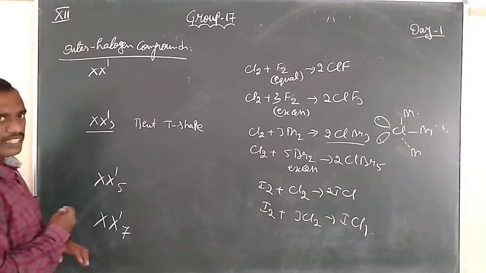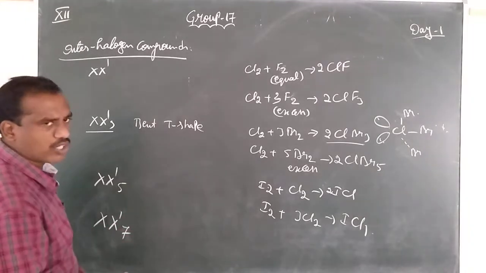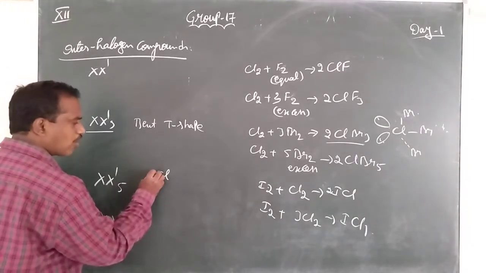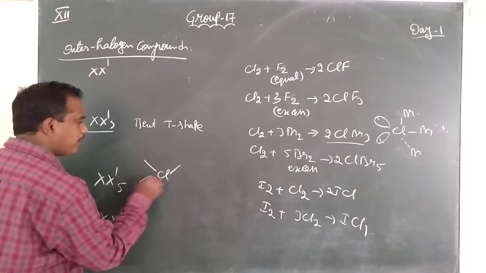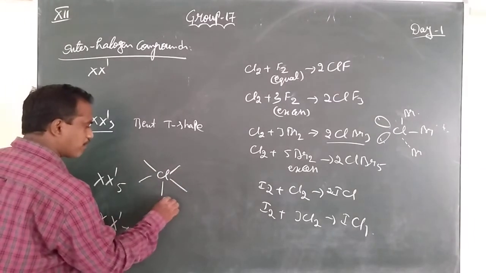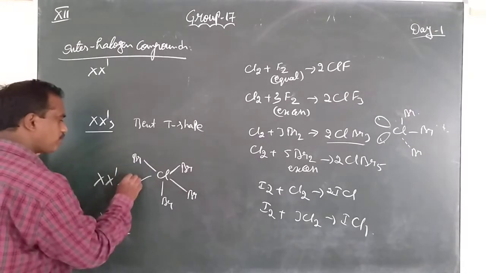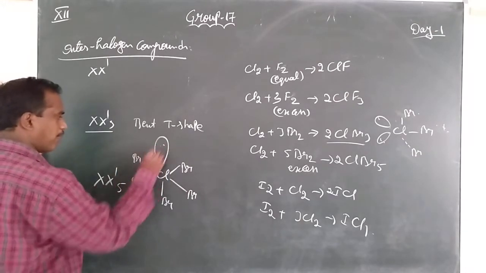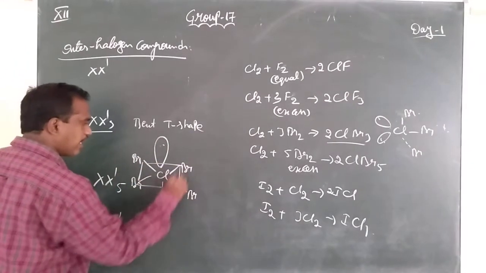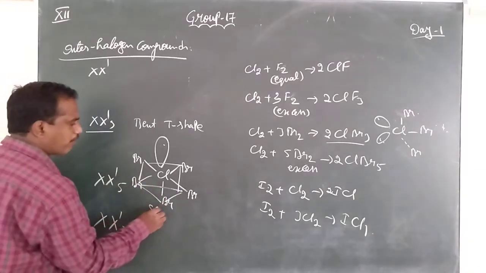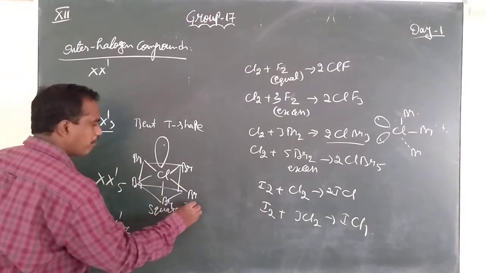Coming to XX'5, take any interhalogen compound, with central atom chlorine, ClBr5. Here 5 bromines will be present, and there will be one lone pair. So it is square pyramidal, and we can give the shape of the molecule as square pyramidal.